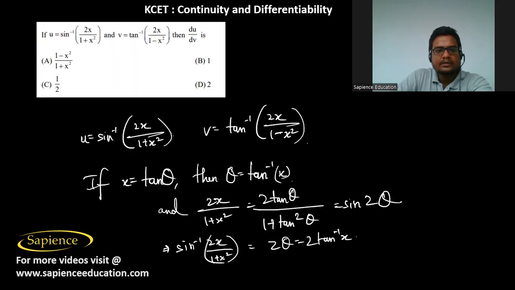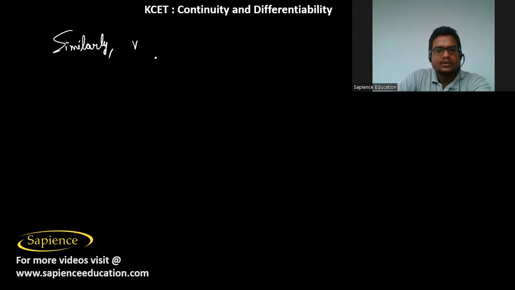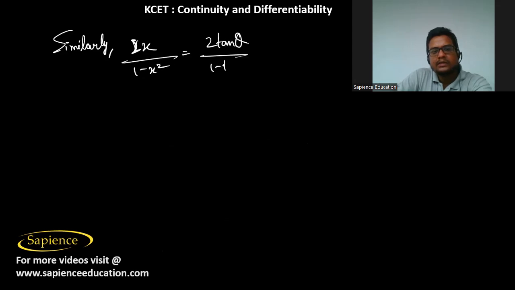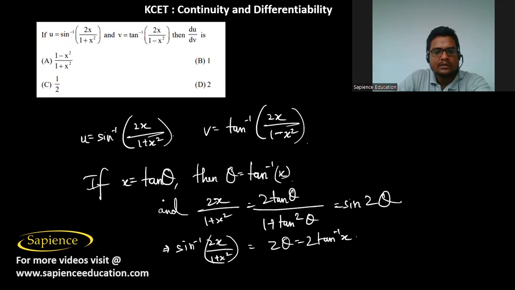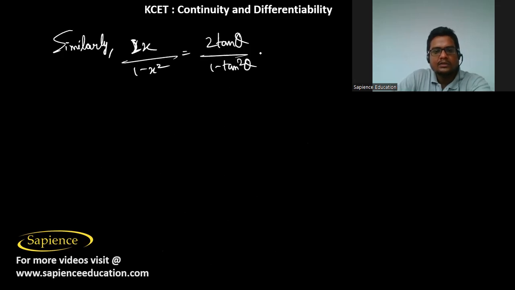Similarly, here v is equal to tan inverse of this. Now 2x by 1 minus x square can be written as 2 tan theta by 1 minus tan square theta, since x is equal to tan theta. Then that will be equal to tan 2 theta.